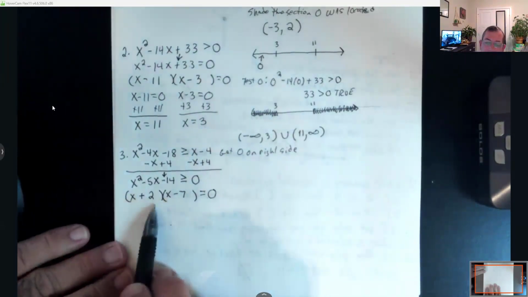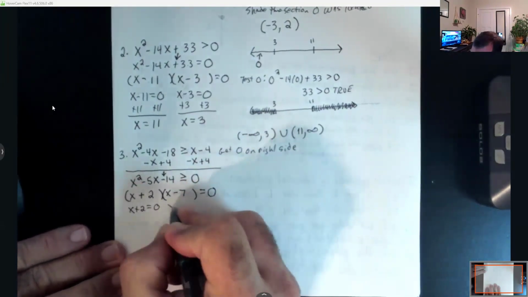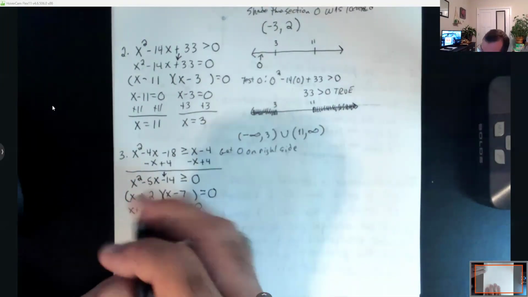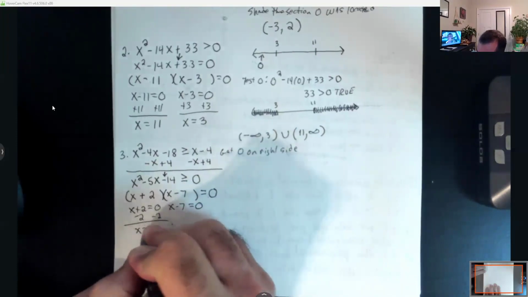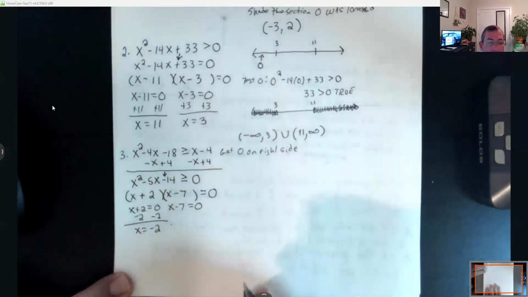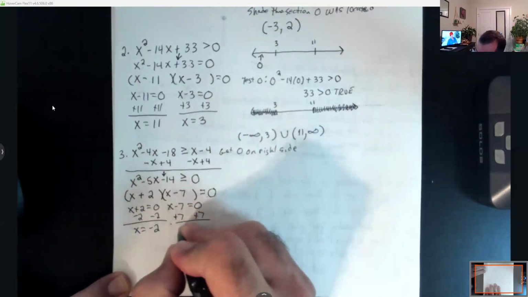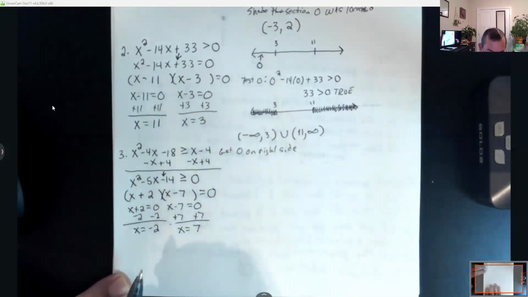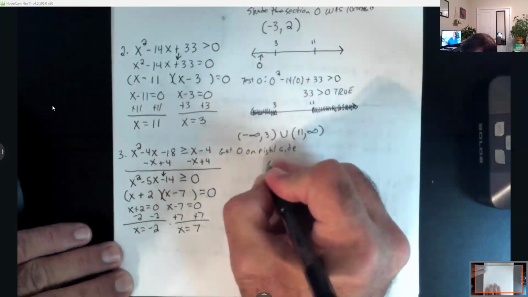All right, set these equal to 0. And basically, we're just going to change signs again. So the 2 becomes a negative 2. And then this negative 7 will end up being positive 7. So we've got our 2 solutions.